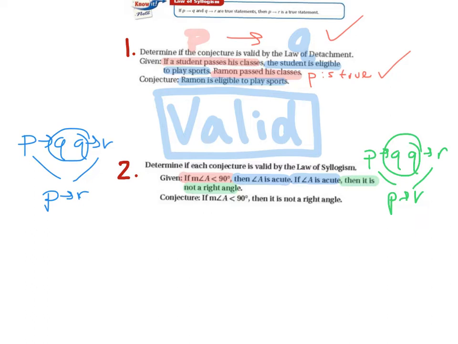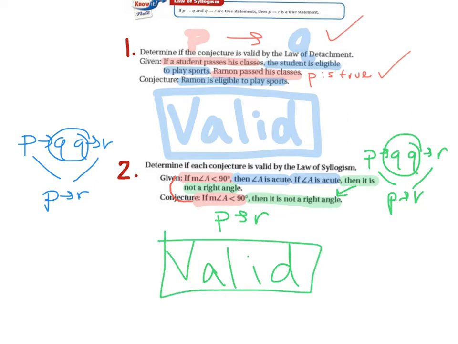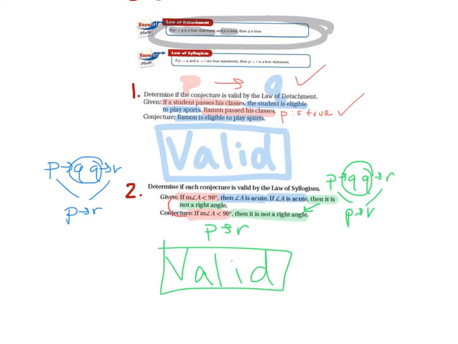If the measure of angle A is less than 90, that was our P. Then it is not a right angle, and that's the same thing as our R. So we have if P, then R. So this would be valid. So that's an example of the law of detachment in number 1 and the law of syllogism in number 2.